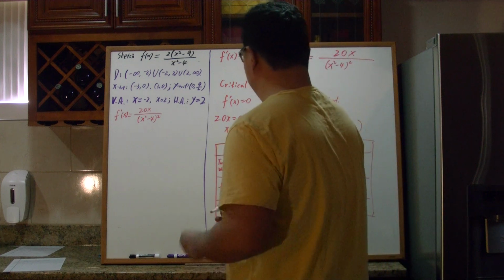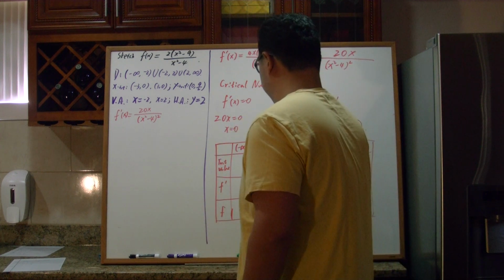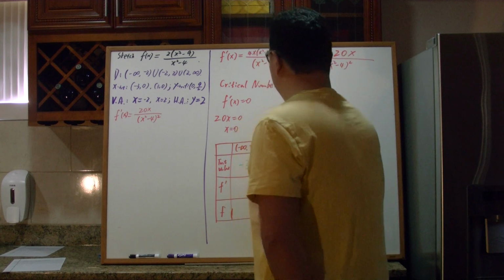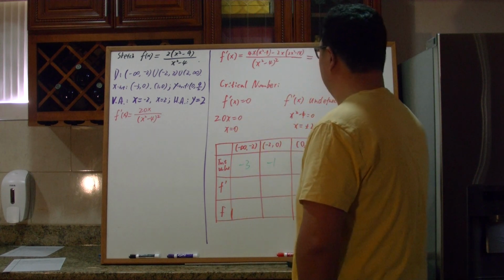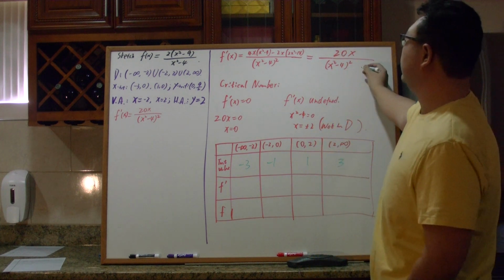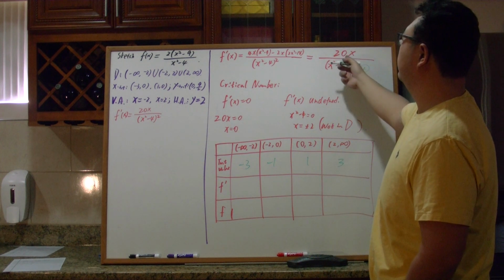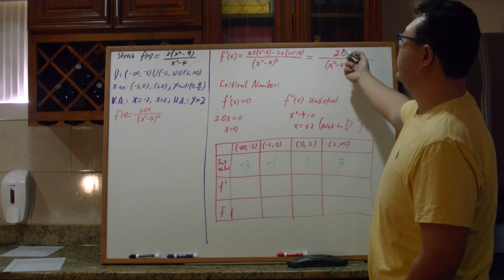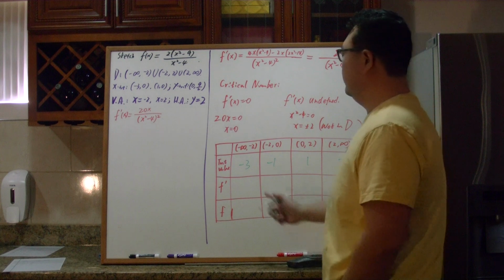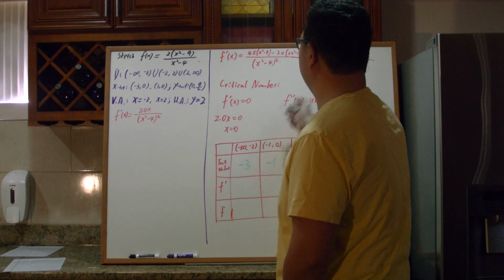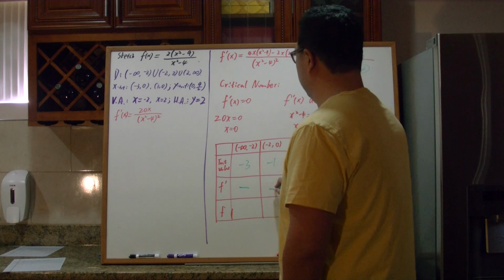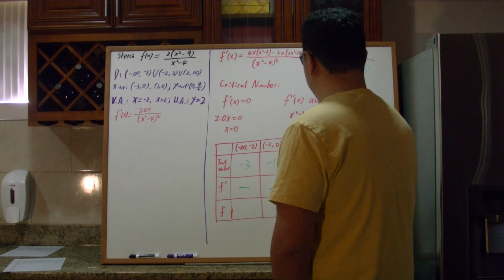Test values we can put maybe negative 3, negative 1, 1 and 3. Considering f prime of x, the bottom is always positive. If the top is positive, then the derivative is positive; if negative, then negative. What we have is negative 3 times 20, that's negative. Negative 1 is also negative, then positive, and positive.